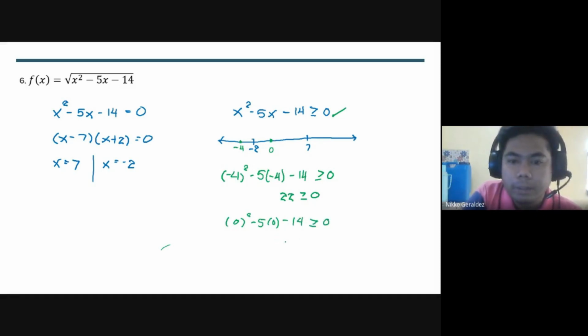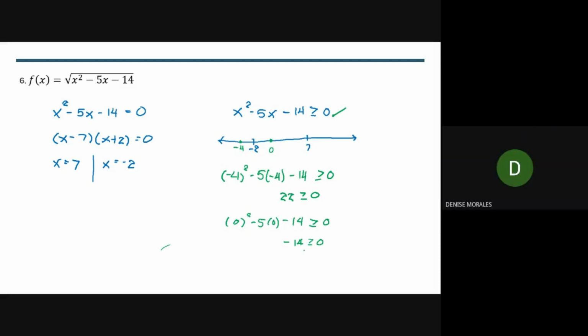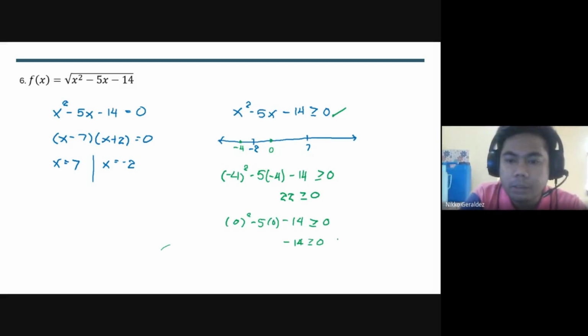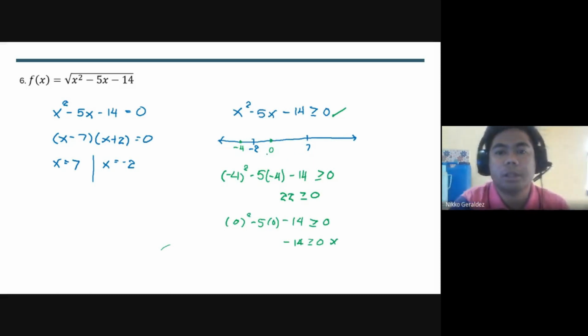That is negative 14 greater than or equal to 0. Does it satisfy? No. Negative 14 is less than 0, so it does not satisfy. Negative 2 to positive 7 does not satisfy the inequality.